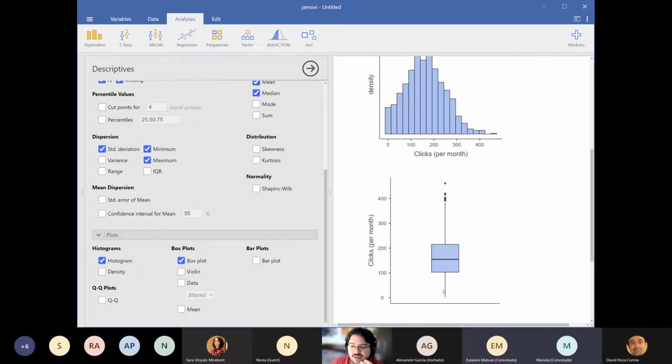So when I was saying the first 25%, the second 25%, the third 25%, and the fourth 25%, those are quartiles. They are called like that because they divide the data set in 4 parts. Each one of these lines in the box plot describes the quartiles.